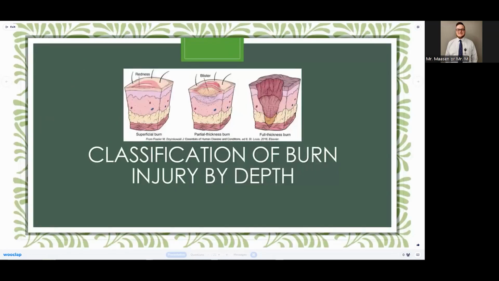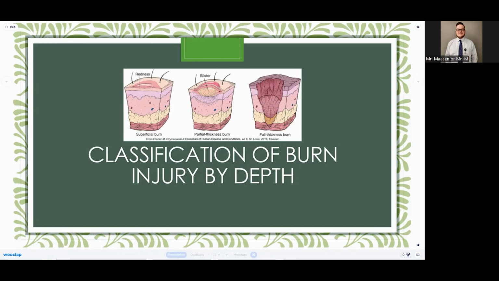This is a visual representation of this. So again, with superficial first degree, you're going to have some redness and some pain. Partial thickness, the second degree, you're going to have swelling and blisters, a much deeper burn, a lot of pain, extreme hypersensitivity.